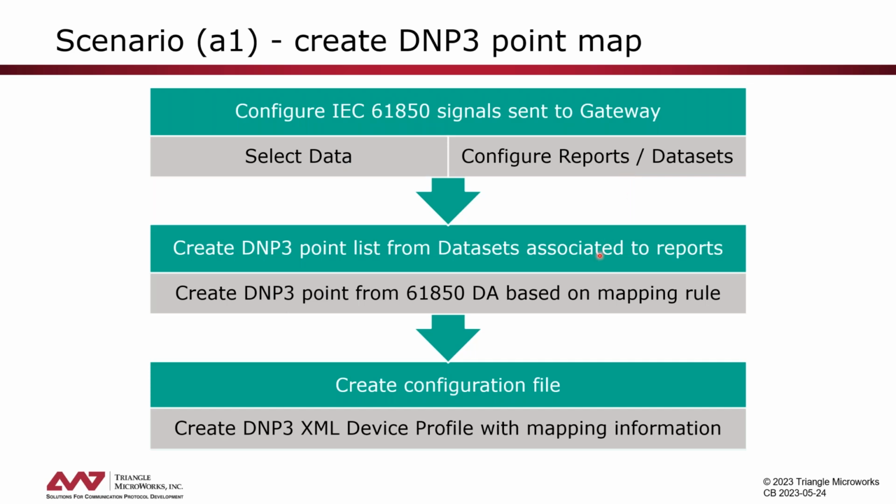So in the next step, we can create DNP3 point list from the data sets associated to the reports based on mapping rules defined in this standard. We can identify what kind of DNP points we have to create. And then we can create the configuration file, which basically will be the DNP3 XML device profile with mapping information.